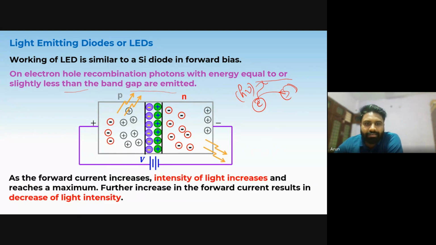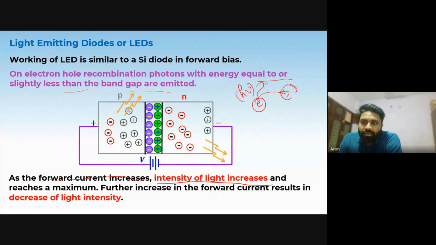So as the forward current increases, the intensity of light increases, which means the luminosity or the intensity of an LED bulb depends on the forward current that you are providing to it. So this intensity of light increases when the forward current increases, and reaches a maximum. Further increase in the forward current results in a decrease of light intensity, which means there is a certain level up to which you can increase the forward current, and then the LED will reach its maximum value, which means the maximum number of electrons are going through these holes.